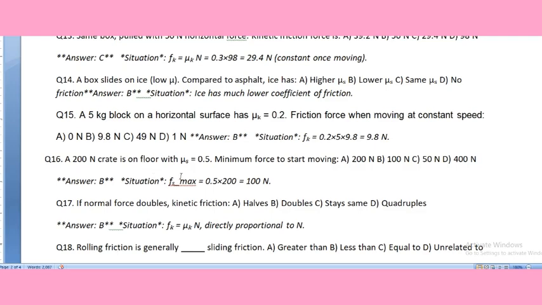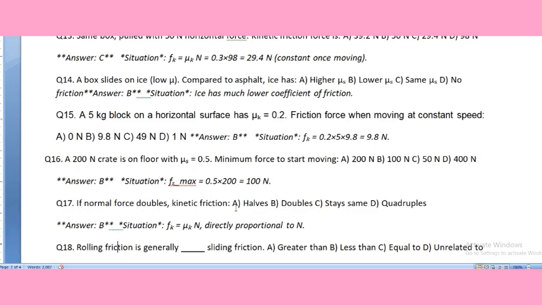From the given situation, the maximum force of static friction is simply the product of the coefficient of static friction times the normal force, which is 0.5 times 200 Newton, equal to 100 Newton. So the correct answer is B, 100 Newton.